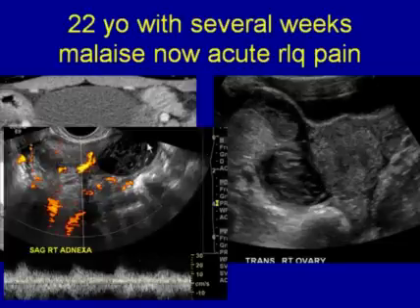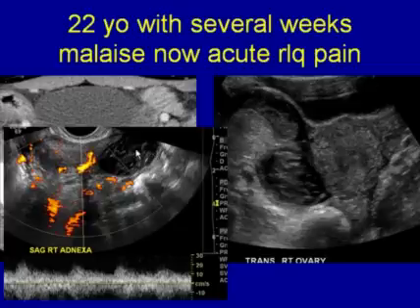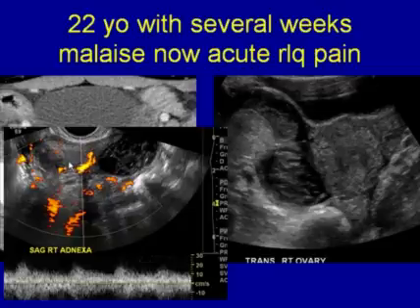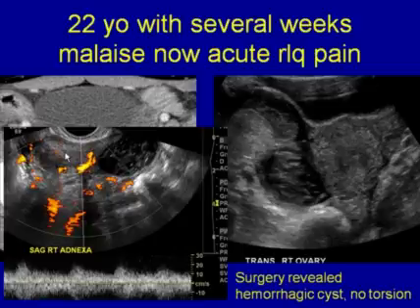On transvaginal, this one has a classic fishnet appearance, so we were thinking perhaps this was some kind of a complex hemorrhagic cyst. We did get good flow in what we thought was some normal ovarian tissue, but because her pain was so severe and because it was such a complex mass, she ended up going to the operating room in part to evacuate it, and this was a large hemorrhagic cyst with no torsion.